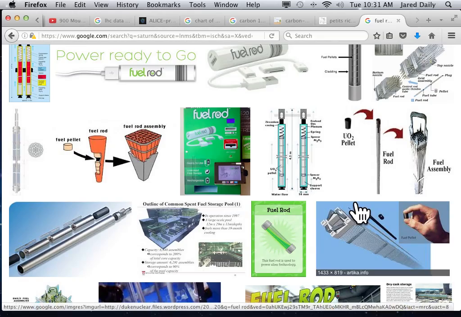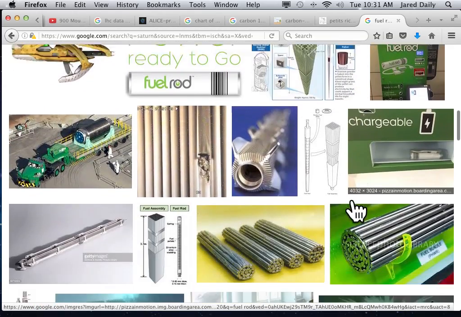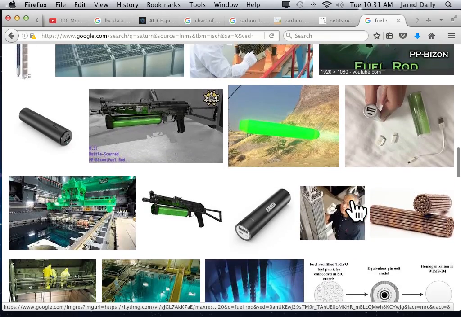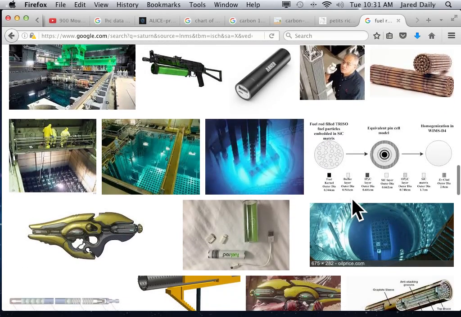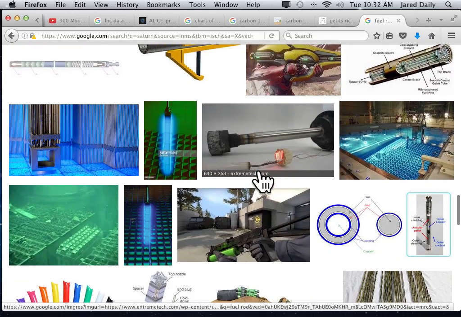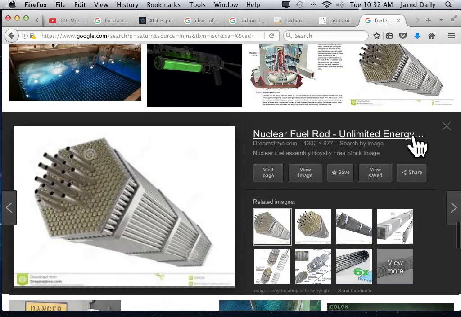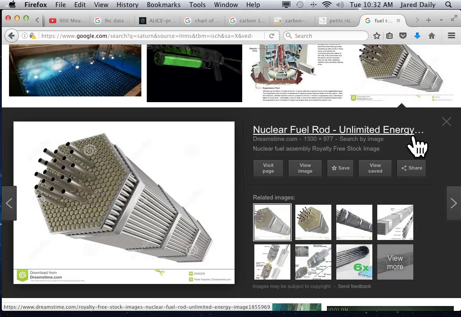Let me see if I can find... We actually held a simulated fuel assembly when we went there. Remember when we picked up that fuel assembly and took a picture with it? I have it on my camera somewhere. I'm looking for an actual photograph of a fuel rod. Here's an actual photograph of it.